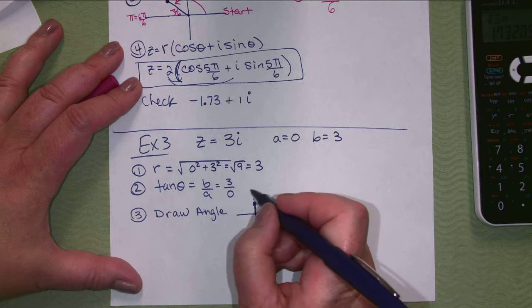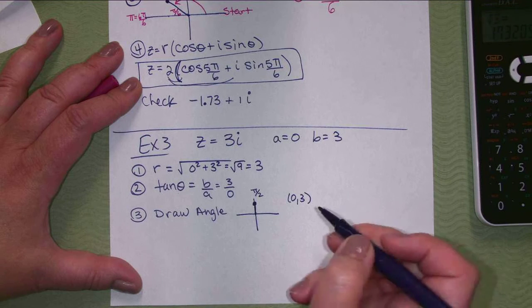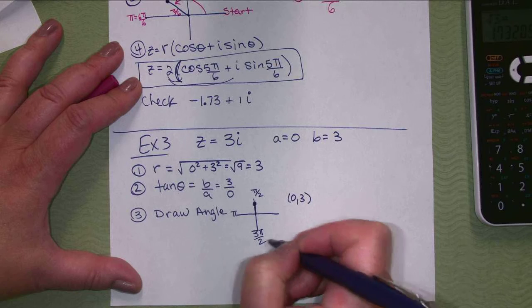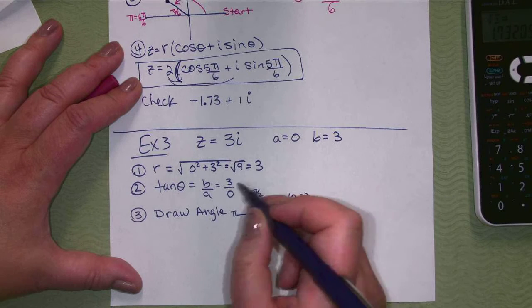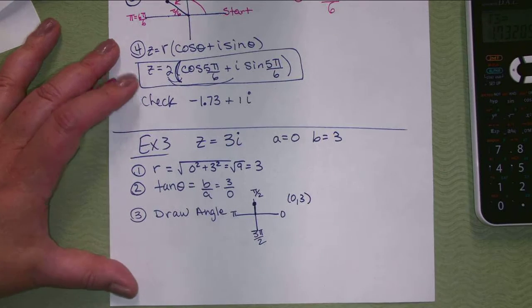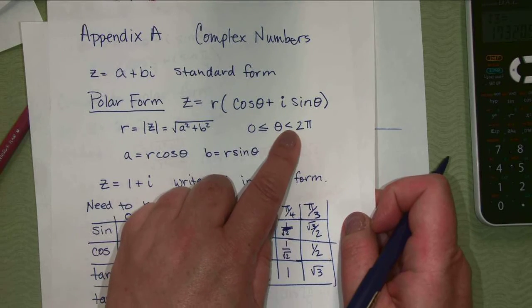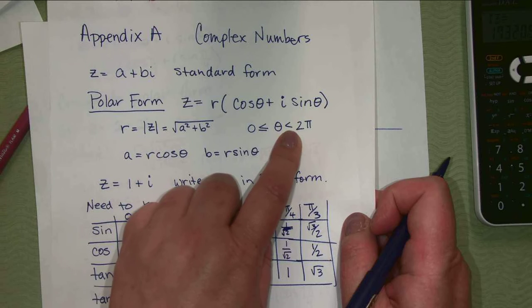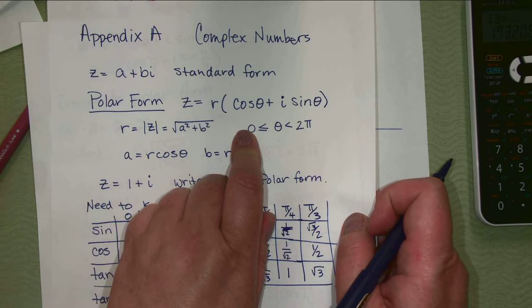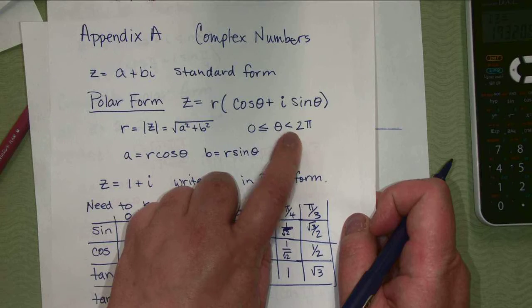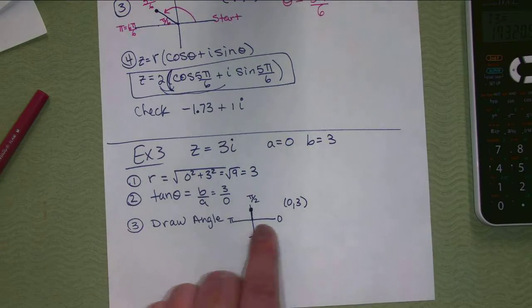This one is pi, this one is 3 pi over 2, and this one is 0, because we start at 0. At the very beginning I said it's between 0 and 2 pi, and I didn't put an equals on the 2 pi. So if you land on that first arm, you write a 0 as your angle. We don't put the 2 pi, we put the 0. So if we land right here, our angle theta is pi over 2.